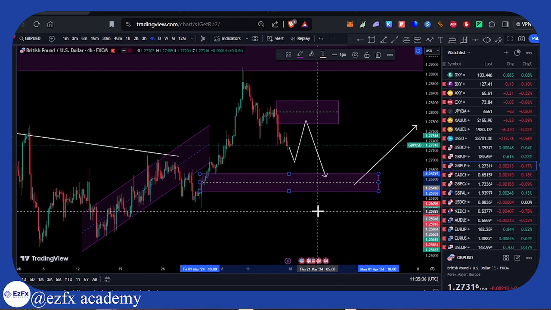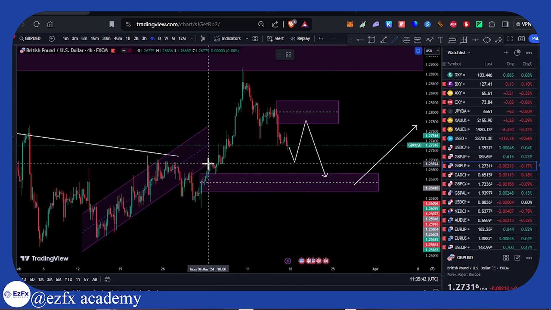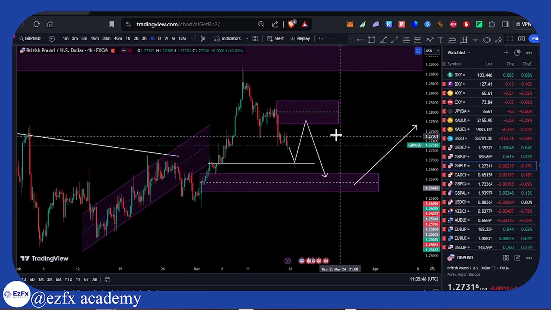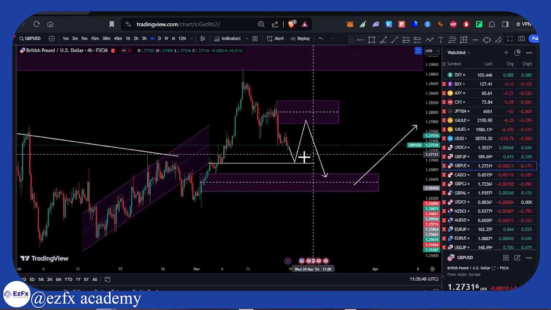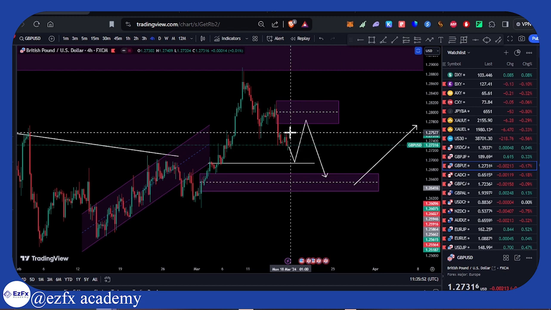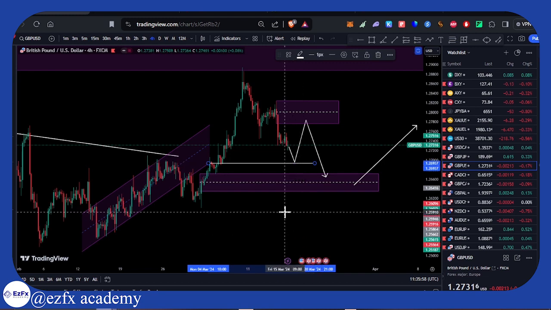However, I still want to be very, very careful. Let me quickly mark something out on the chart around here. Even though I'm expecting a level of bullishness on GBP USD, I'll watch out for that little bit of a dip. I'll watch out for a reaction from this place, which will be a support, around 1.26937.